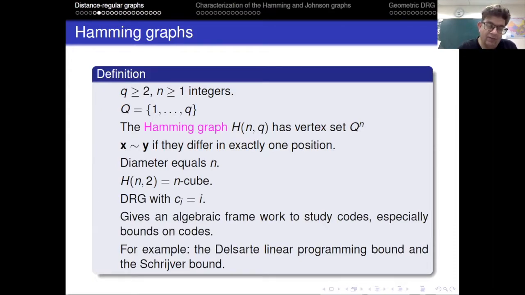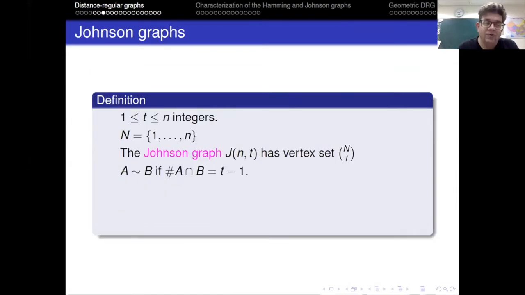This graph gives an algebraic framework to study codes, especially bounds on codes. For example, the Delsarte linear programming bound is one example, and the Schrijver bound, which uses the Terwilliger algebra, is another. Then I will talk about Johnson graphs.